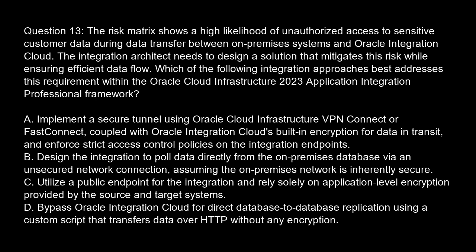Option C. Utilize a public endpoint for the integration and rely solely on application-level encryption provided by the source and target systems. Option D. Bypass Oracle Integration Cloud for direct database-to-database replication, using a custom script that transfers data over HTTP without any encryption.